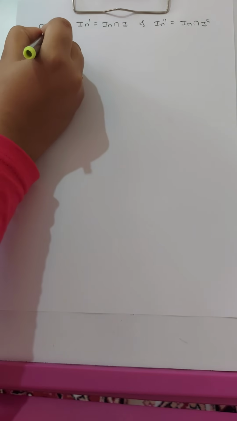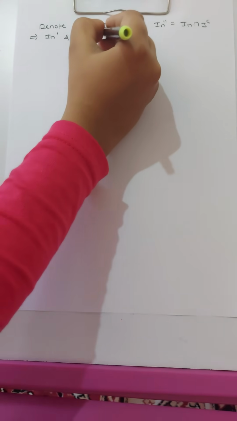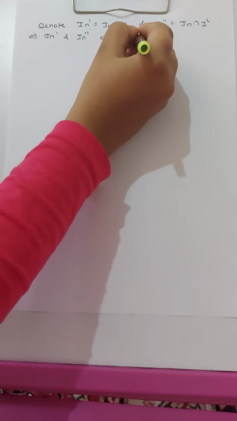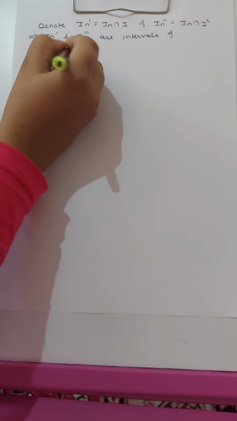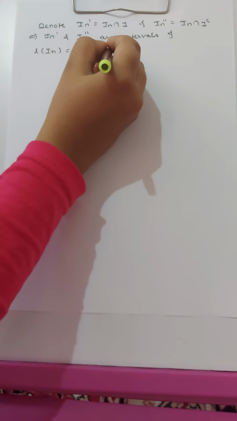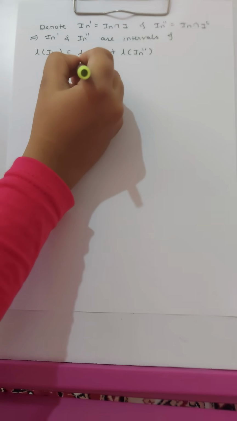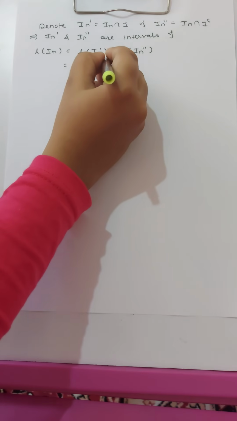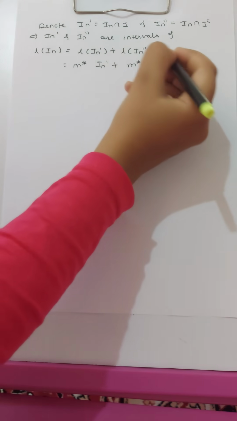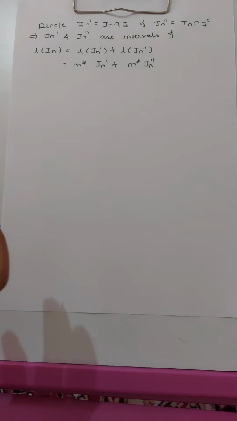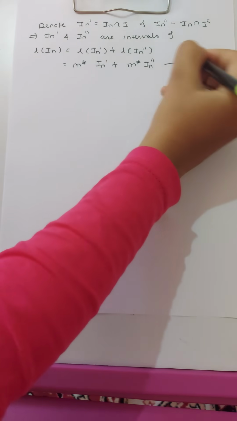This implies that In dash and In double dash are intervals, and length of In is equal to length of In dash plus length of In double dash, that is equal to outer measure of In dash plus outer measure of In double dash, because we have seen that the outer measure of any interval is equal to its length. So let it be number 3.